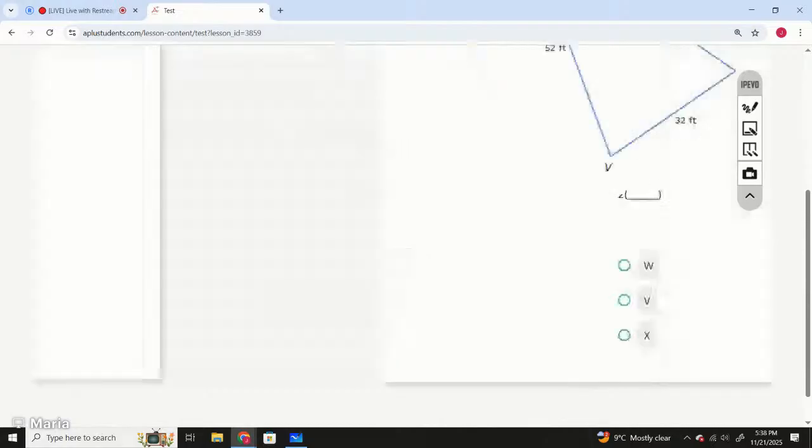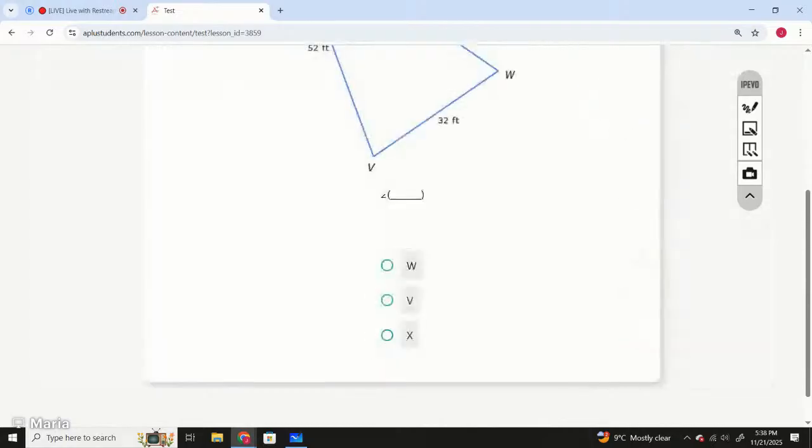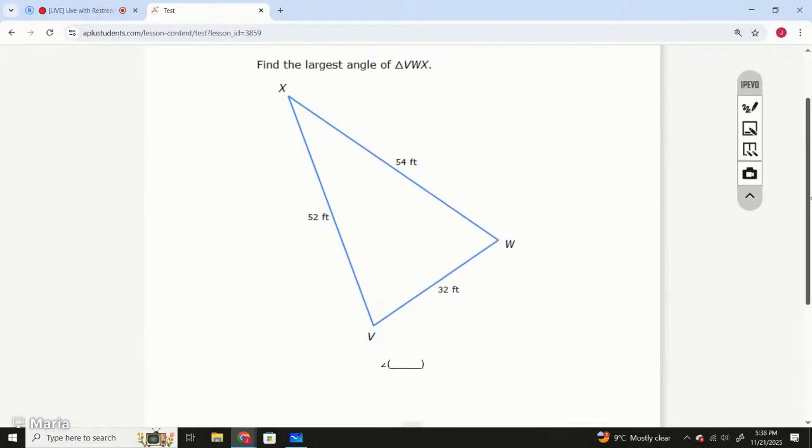The correct option is D. Find the largest angle of triangle VWX.